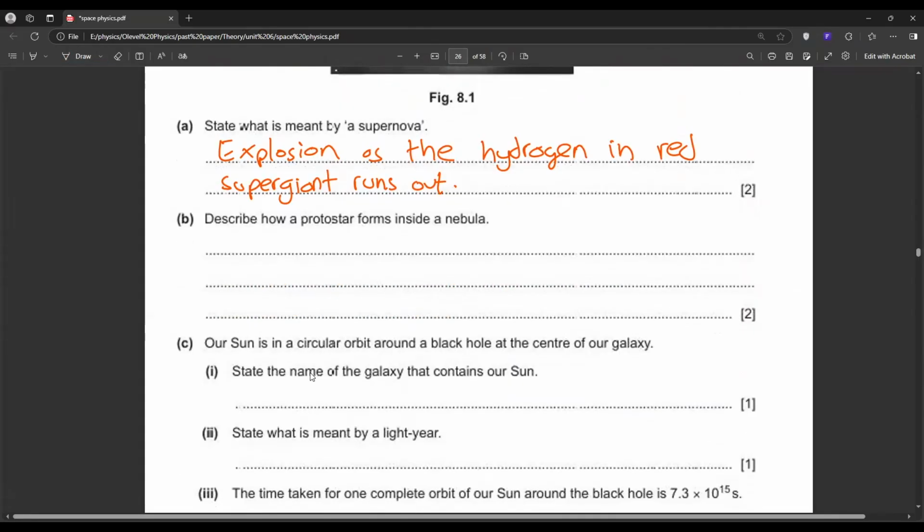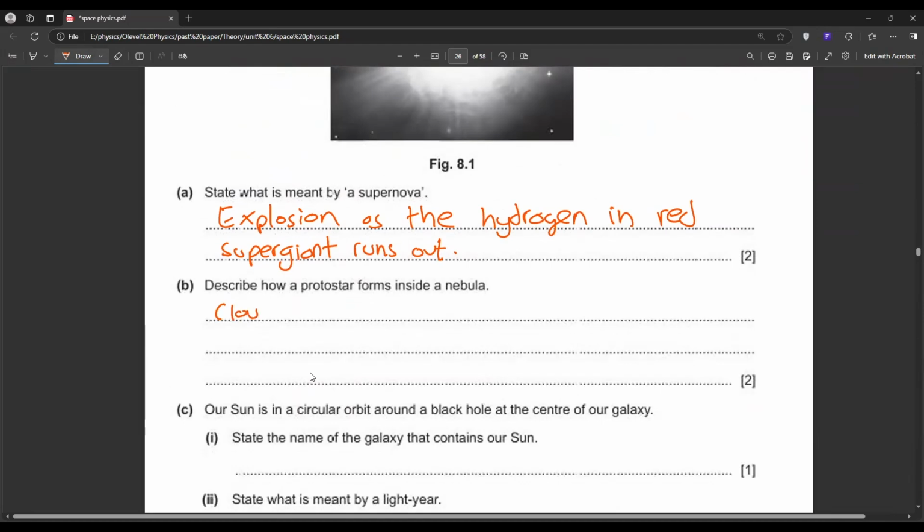Simple as that. Describe how a protostar forms inside a nebula. What will you say here? How does a protostar form from a nebula? You will say a cloud of dust and gas comes together due to gravitational pull or gravitational force of attraction.